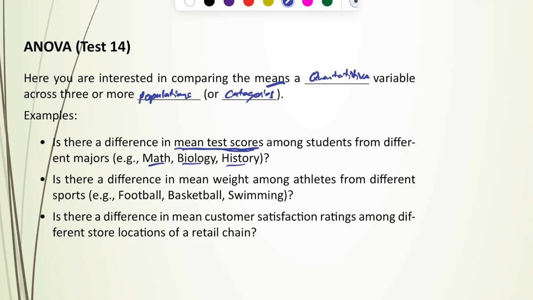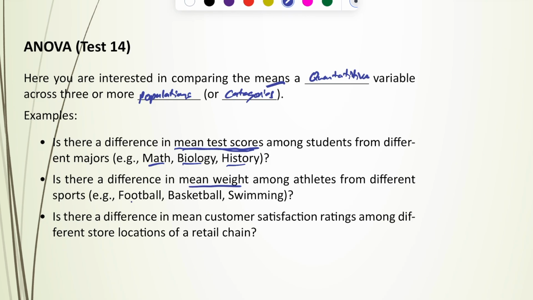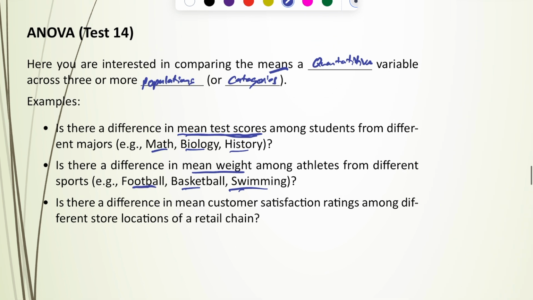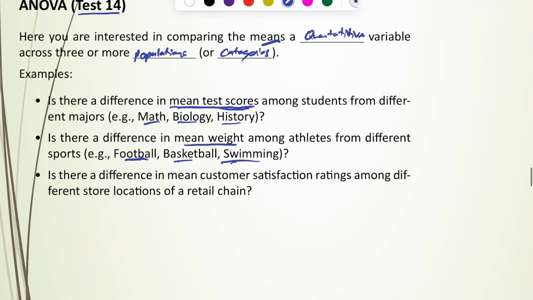Is there a difference in the mean weight among athletes from different sports? So football, basketball, swimming. See, it's not just 2 like with the tests 5 through 8. It's many of them. Okay, and this takes a significantly different procedure, and we'll be evaluating test 14 using Python, but that won't be till the very end of the semester.